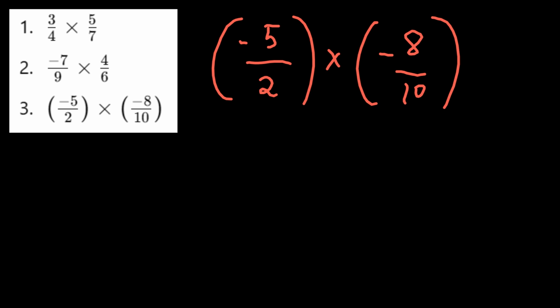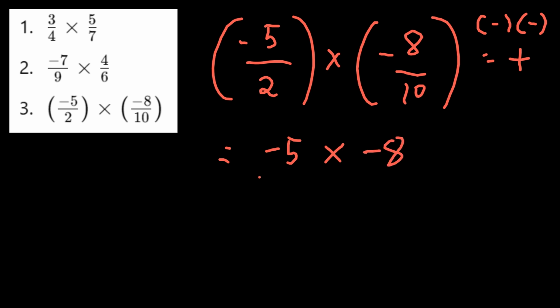All right. So, again, the same process. But if we noticed, we have negative times negative. So remember when we had our discussion with the Dorito man? So negative times negative would give us a positive. So let's solve this one now. Negative 5 times negative 8 over 2 times 10.